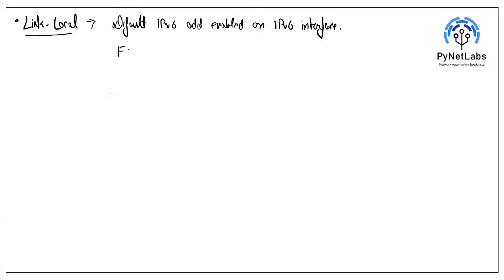It always starts with the range FE80::/10, and the remaining part will be the MAC address, which I will explain in the NDP process. We'll skip this part for the lab scenarios. This link local address is always represented in the local area network. It is not recognized outside the LAN.